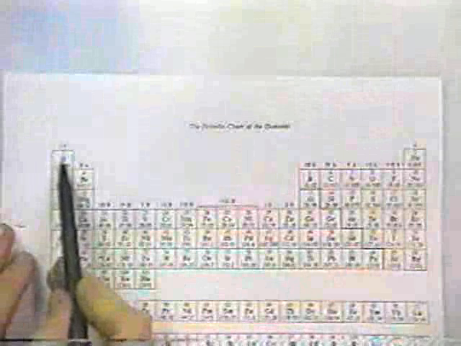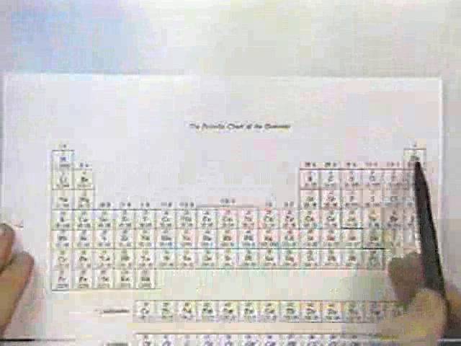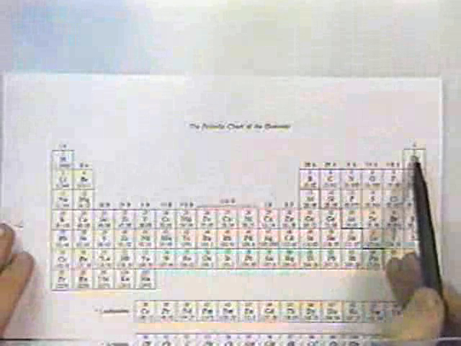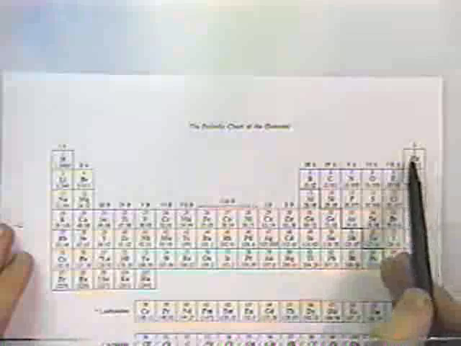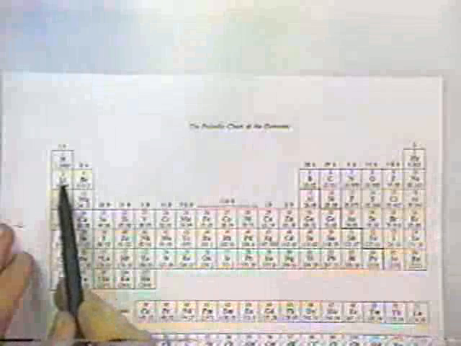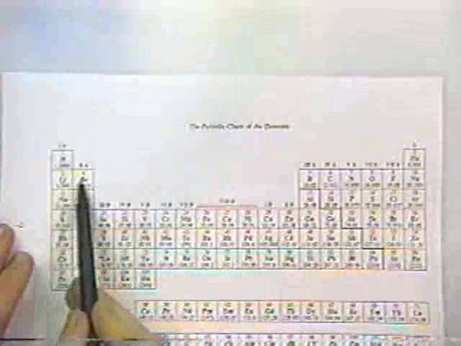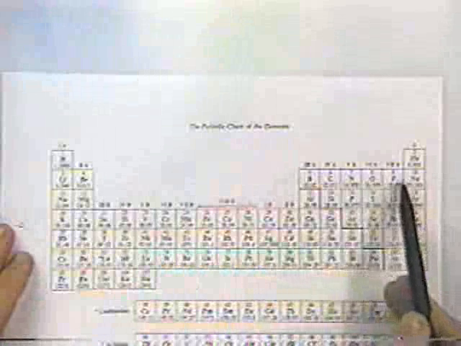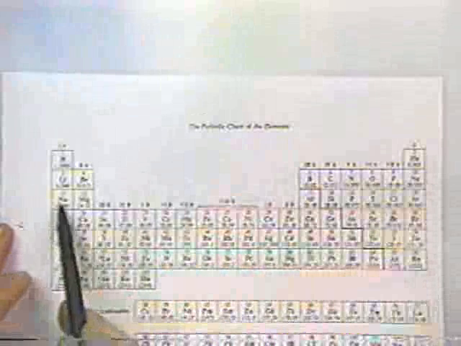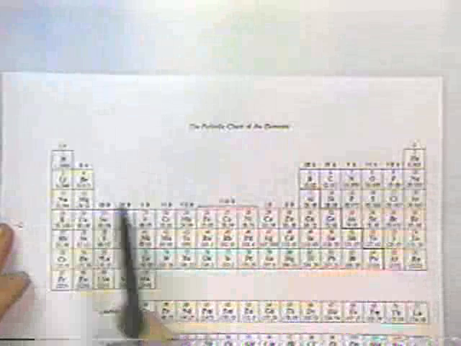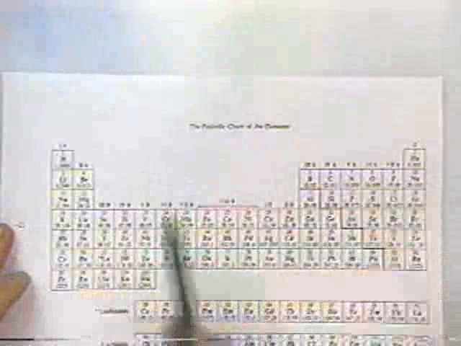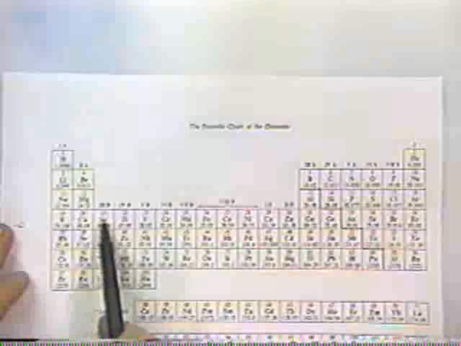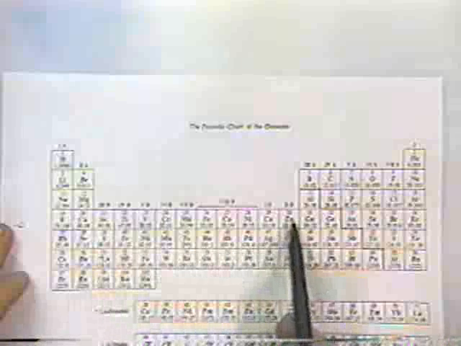Here we were working on the 1s orbital. We've completed the 1s orbital. Now we were adding electrons. We're working on the 2s orbital. Here we were working on the 2p orbital, 3s orbital, 3p, 4s, now the d, back to the p.